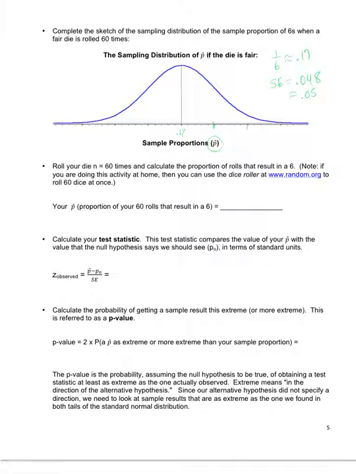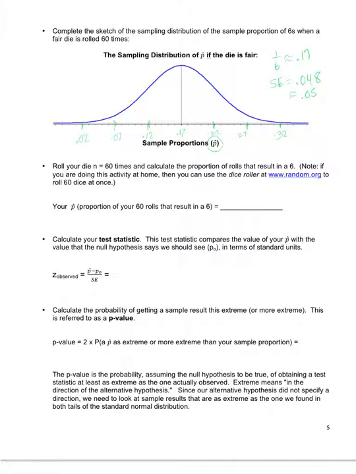So let's see, 1, 2, and 3 standard errors above. So that's going to be 0.22, 0.27, and 0.32. Then I want to go 3 standard errors to the left. So that's 0.12, 0.07, and 0.02. And again, the key here is that we're still assuming the null hypothesis is true.